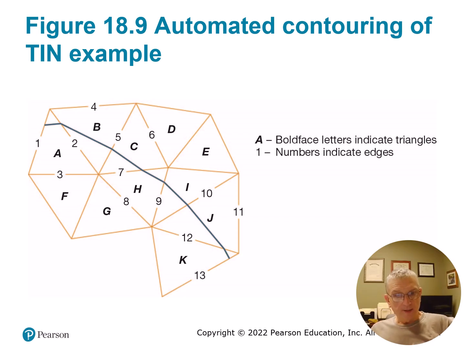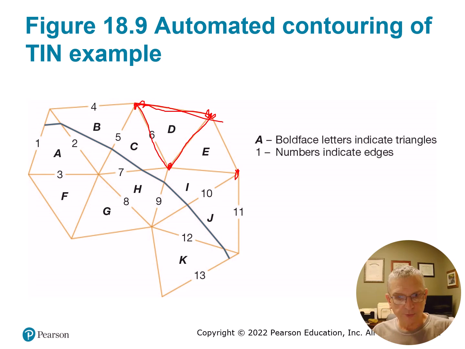So this illustration here is an automated auto contouring TIN. So if you had, let's say you had topo shots at each of these points on the triangle, then it's going to automatically draw a triangle between the points that it's closest to.